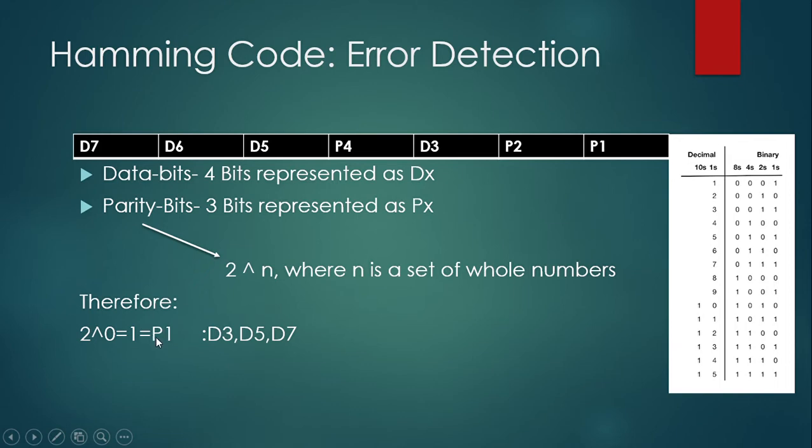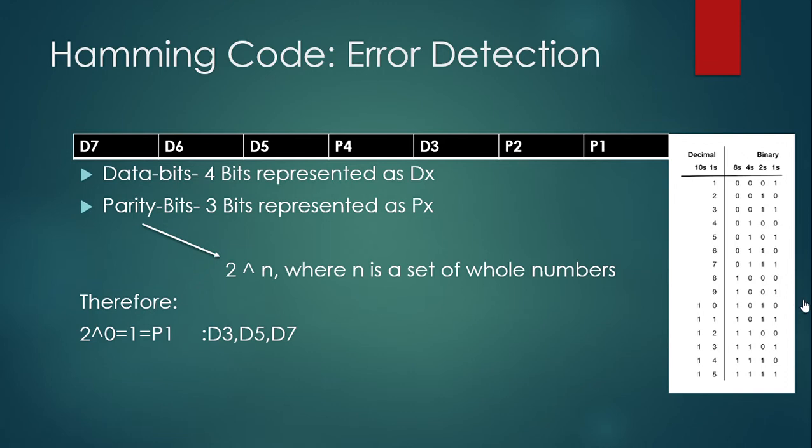So here we have P1. Let's consider the last bit column, 1010 over here, and you find 1 in the first place. What is its corresponding decimal value? That is 1, but unfortunately 1 is the index of the parity bit, so exclude it and find elsewhere where 1 is present.